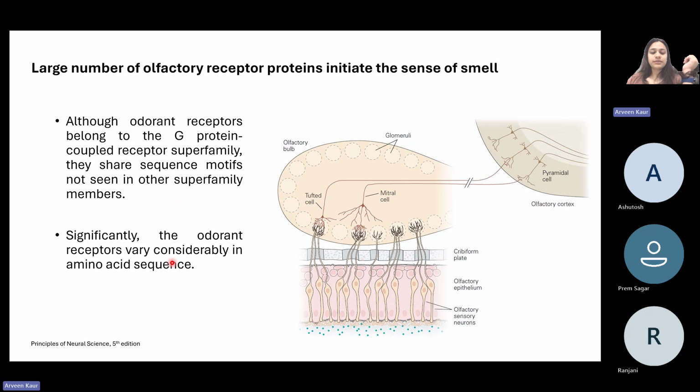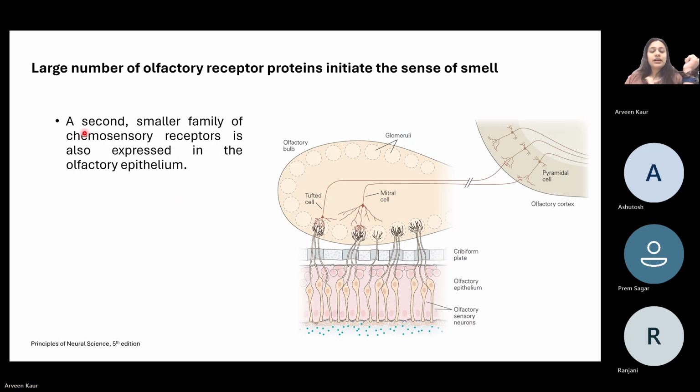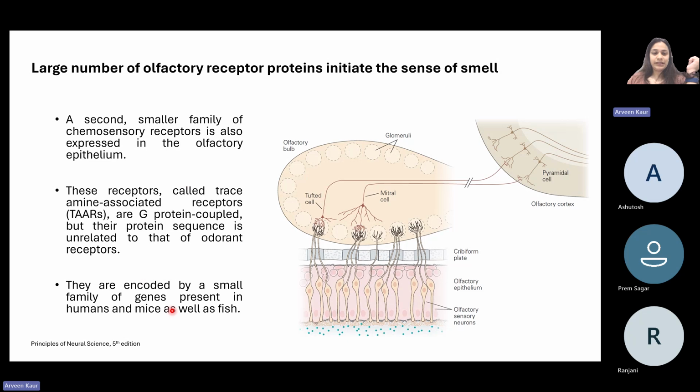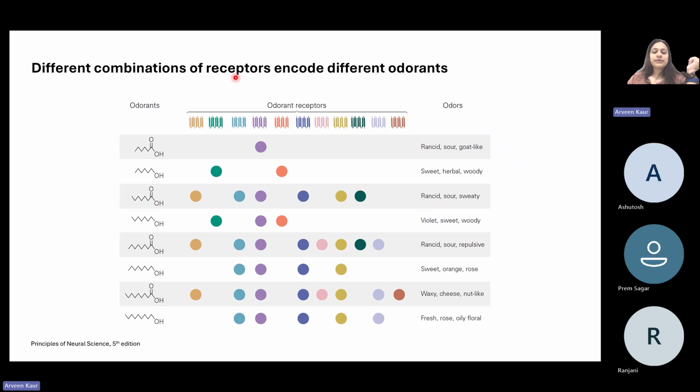Significantly, odorant receptors vary considerably in their amino acid sequence, right? A second smaller family of chemosensory receptors is also expressed in the olfactory epithelium itself. These are called trace amine associated receptors or TAARs and are G protein coupled, but the protein sequence is completely unrelated to that of odorant receptors, right? They are encoded by a small family of genes which is present in humans, mice, as well as in fish.